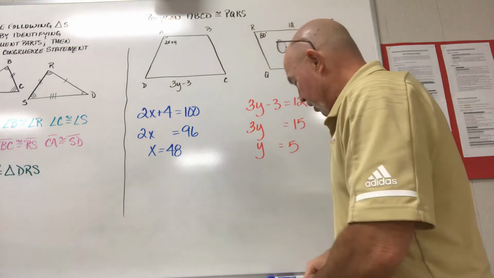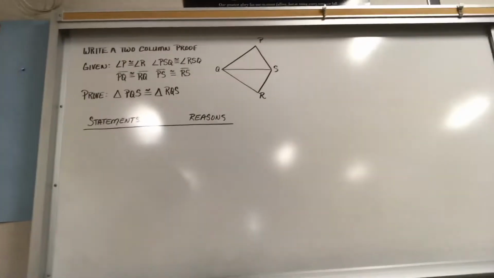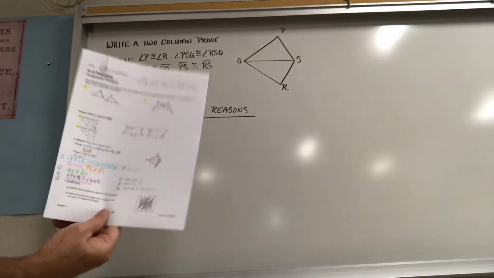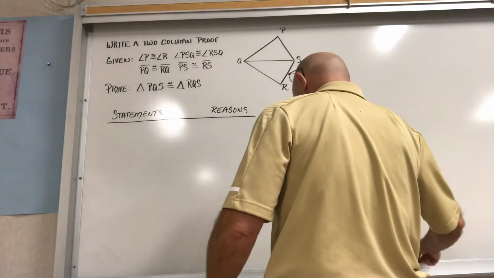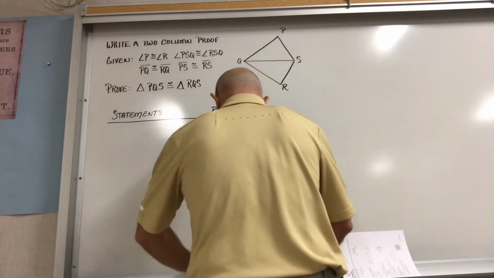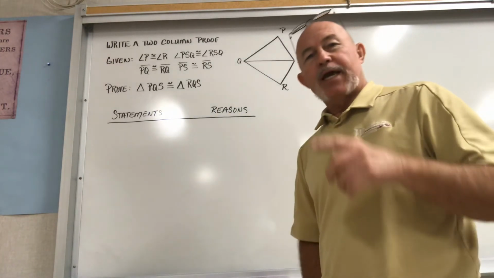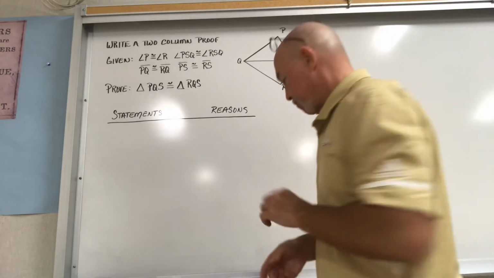Now, the next problem, and this is the one I'm not going to give you yet, but I have to show you, and that's how to write a two-column proof. Yeah, I wrote it out in colors. I'm a sick guy. So here we go. What I want to do is mark on my diagram what I've been given.